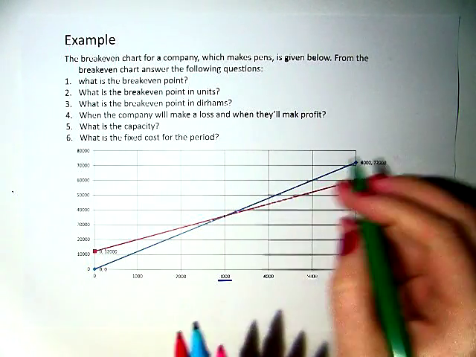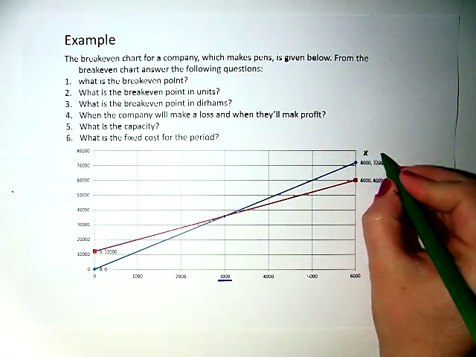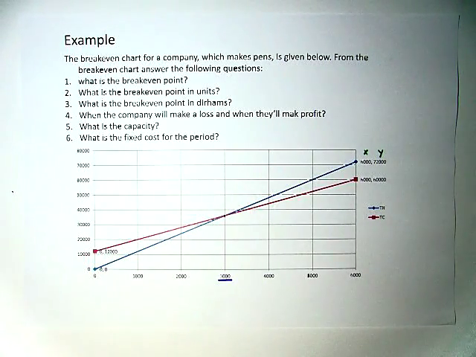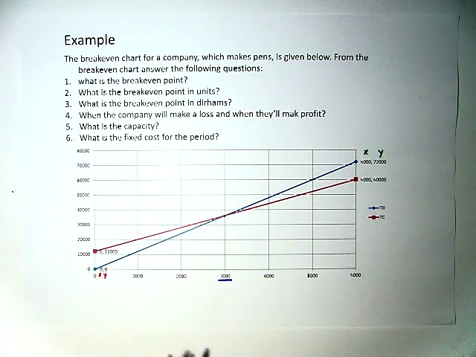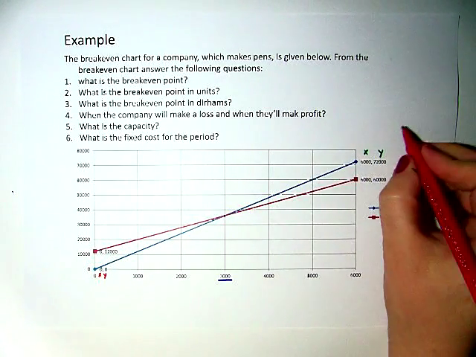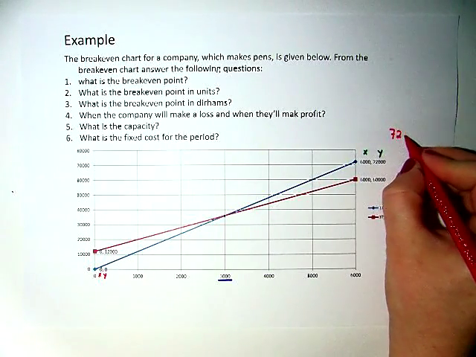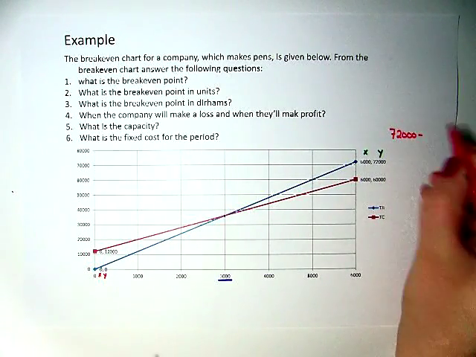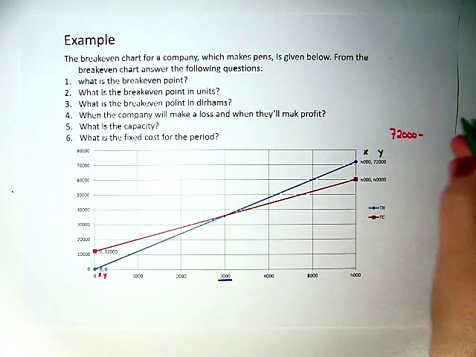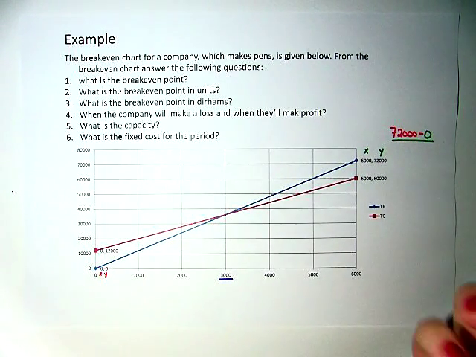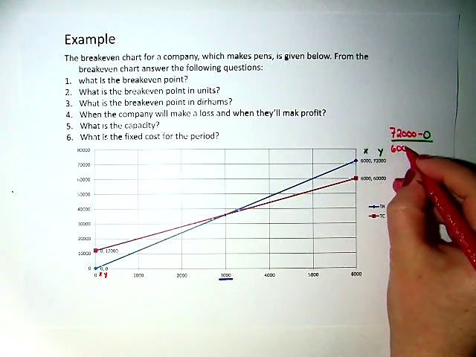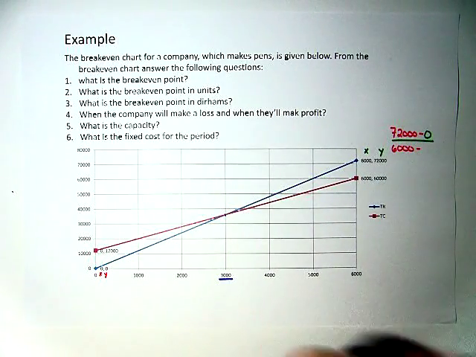We're going to look at X, Y, and we're going to come down here to 0, 0, X, Y. So we're going to start with the total revenue graph. Okay. So the total revenue graph has 7,200 minus 0 divided by 6,000 minus 0.